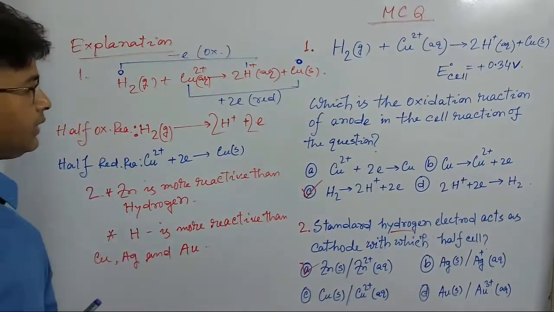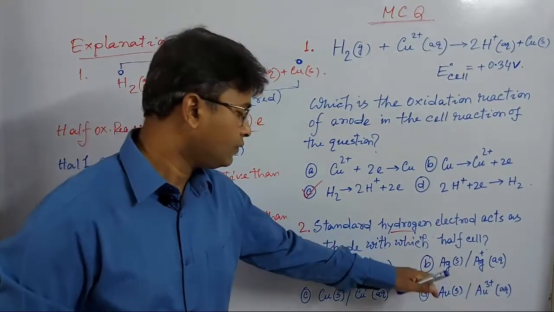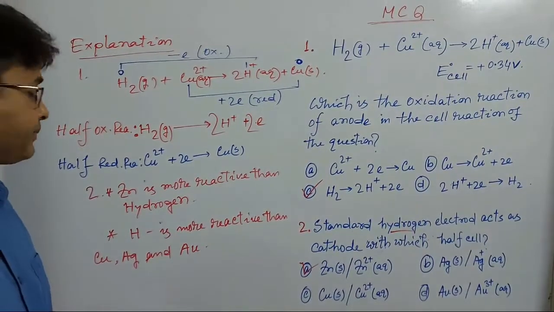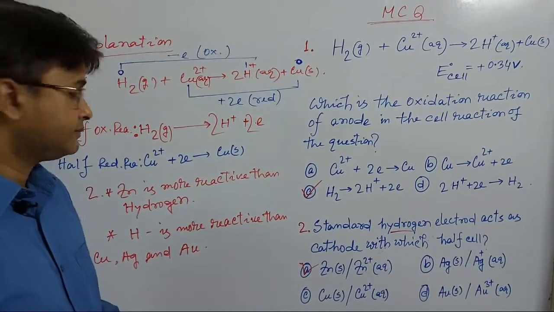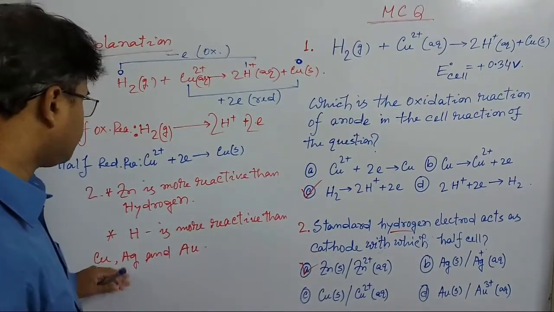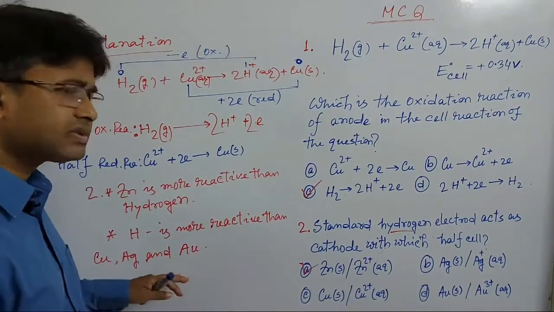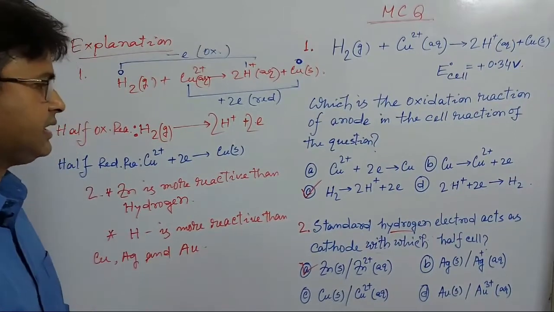So if hydrogen is connected with copper, silver or gold, one of them, of course hydrogen will be anode and copper or silver or gold will be cathode. But it's not my headache, I have just explained this point.